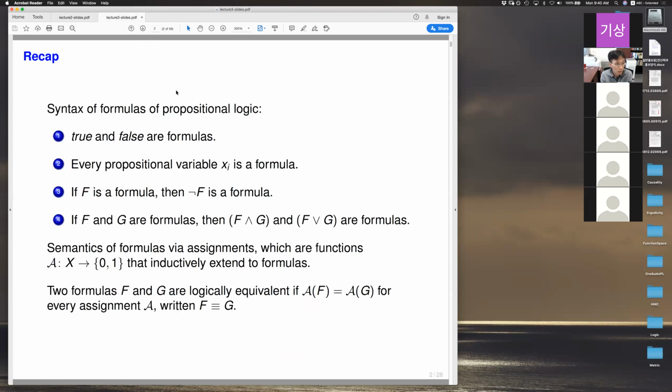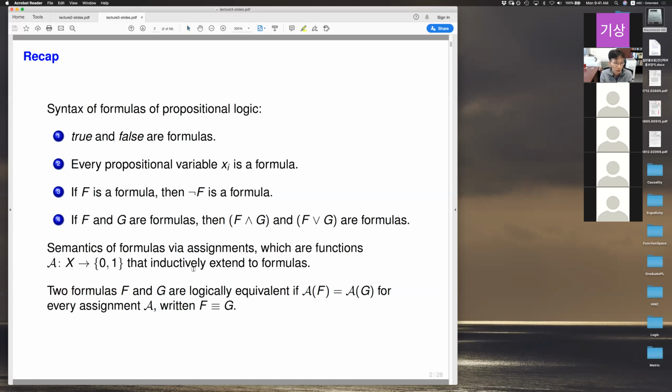This is a reminder of what we've done: we covered the syntax and the semantics of propositional logic, and for this particular lecture, we're going to focus on one of the properties of propositional logic, which is logical equivalence.